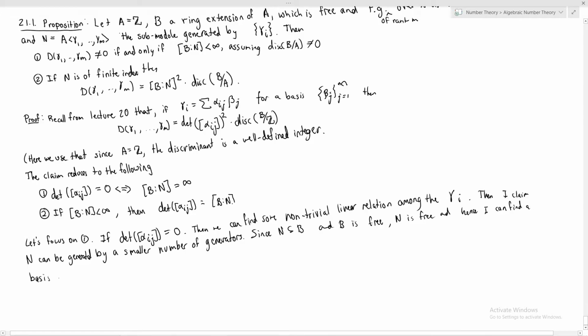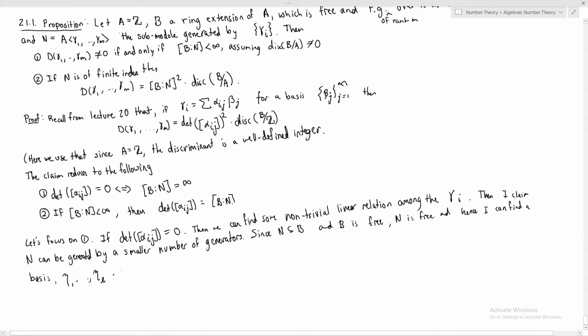Okay, let's call this basis eta 1 through eta L. Okay, and I know that... I see.